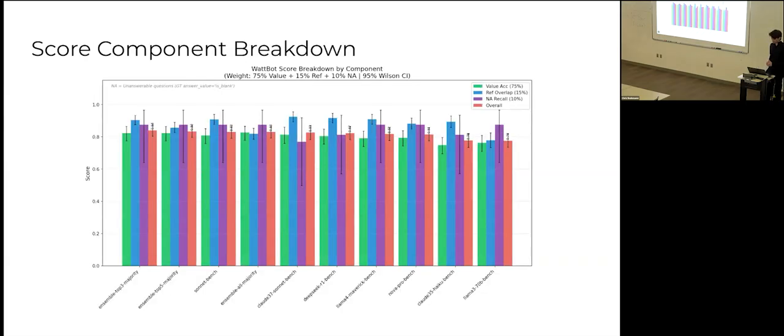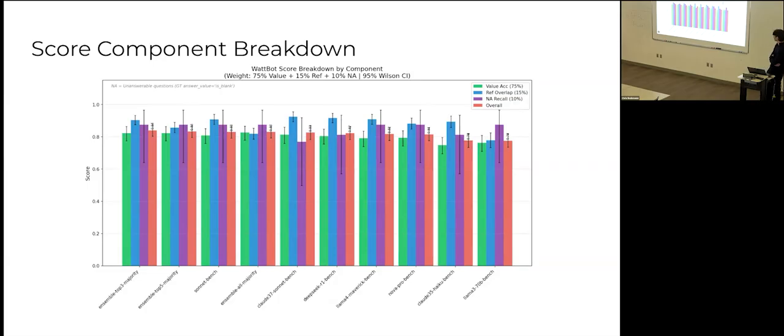So with the local models, this is the composite scoring for each experiment. Like we said earlier, each model has 4 bars. We have the value accuracy in green, reference overlap in blue, NA recall, which is like unanswerable, in purple, and then in red, just the overall scoring metric. So I think the reference overlap is interesting in this graph.